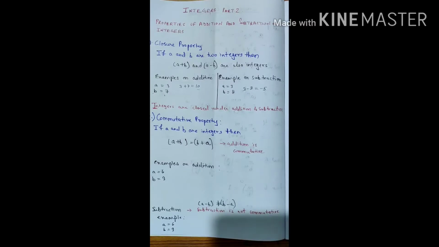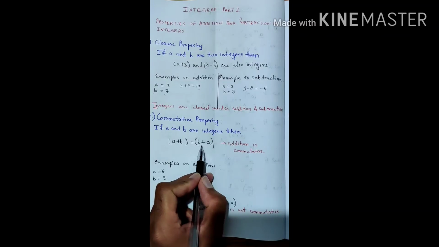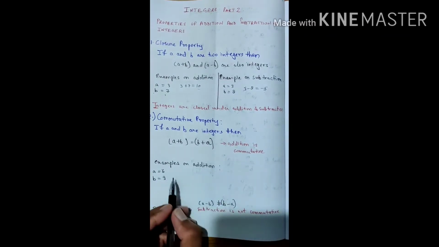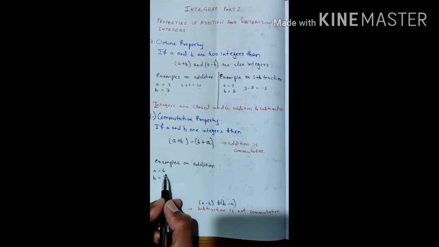Now coming to the second property, that is commutative property. In commutative property, if a and b are integers, then a plus b is equal to b plus a. Now let us see an example in the case of addition first, where a is 6 and b is 9.